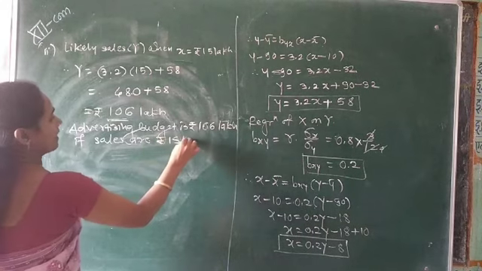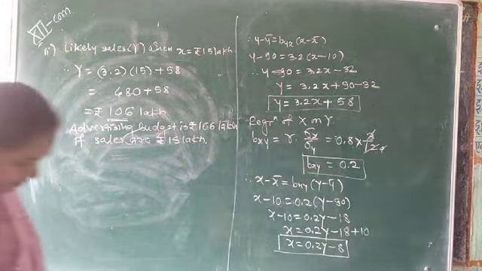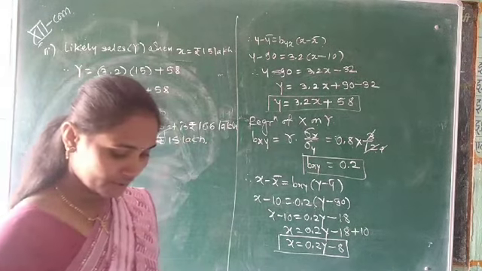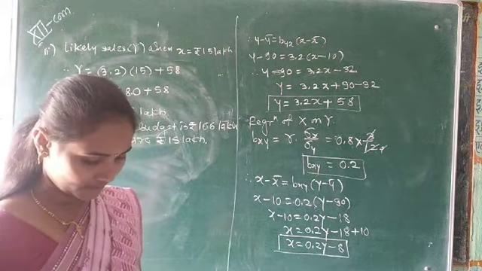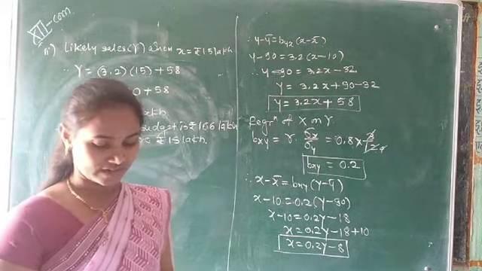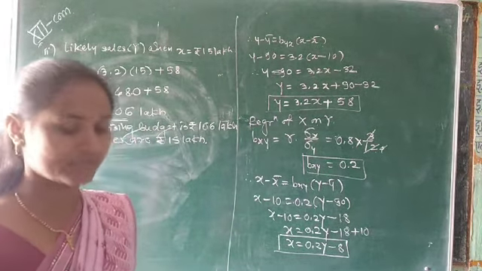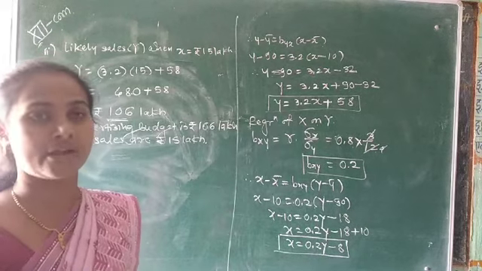Now see the next, third question here. What should be the advertising budget if the company wants to attain a sales target of rupees 120 lakh? That means we are given the sales target, that is y is rupees 120 lakh. Then what is the advertising budget?